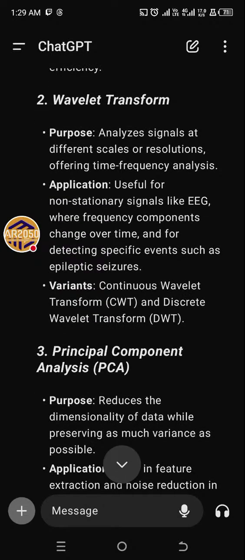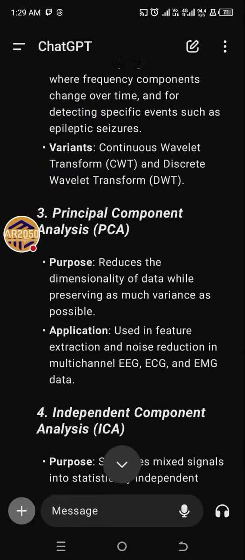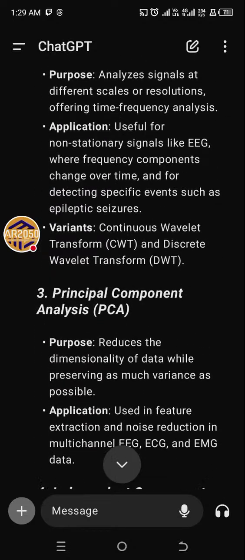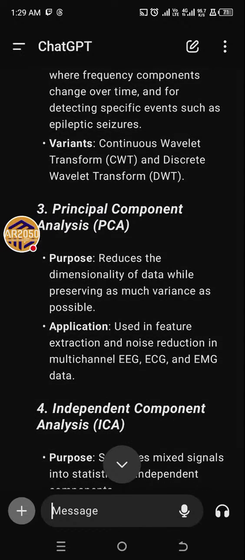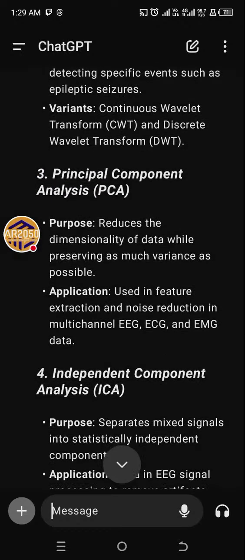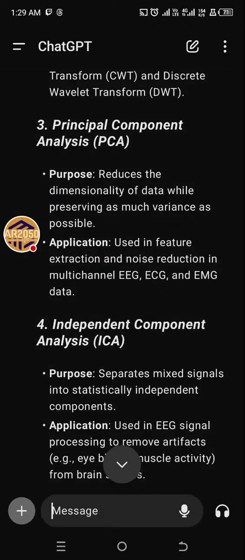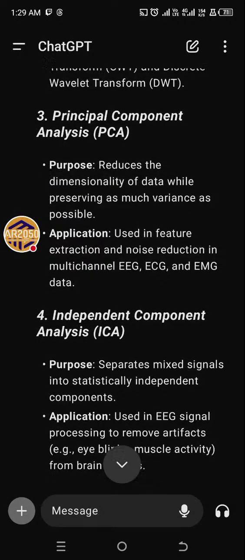The variants are the continuous wavelet transform and the discrete wavelet transform. PCA is another very popular algorithm, used to reduce the dimensionality of the data while preserving as much variance as possible. The application is used in EEG, ECG, and EMG data.